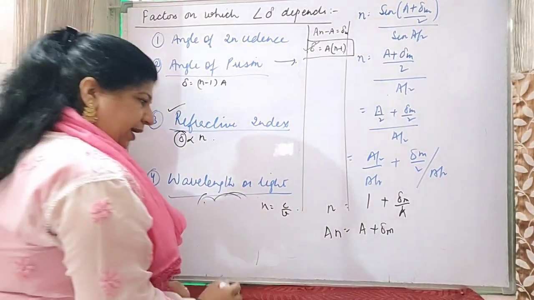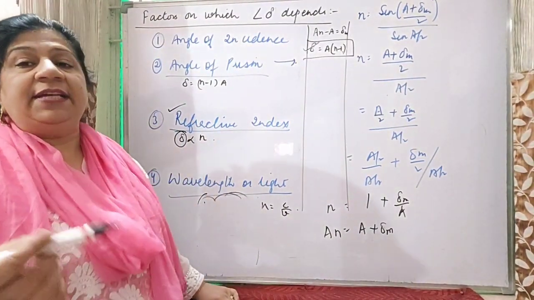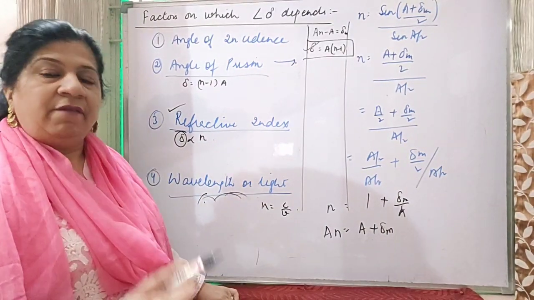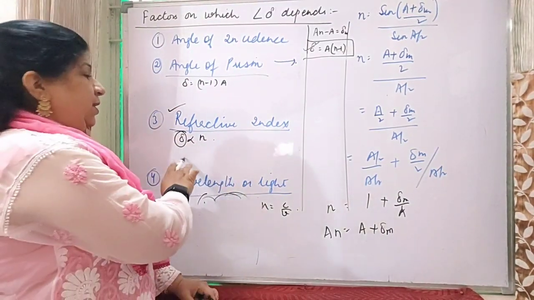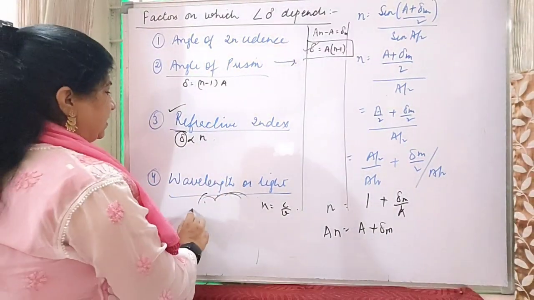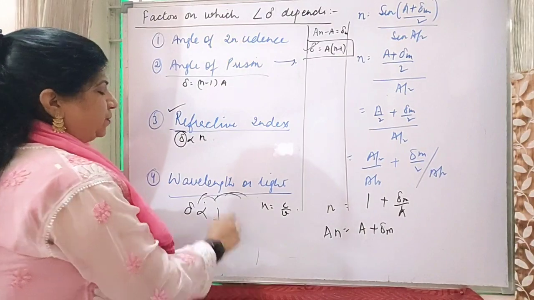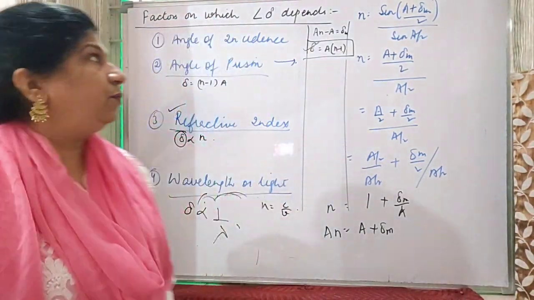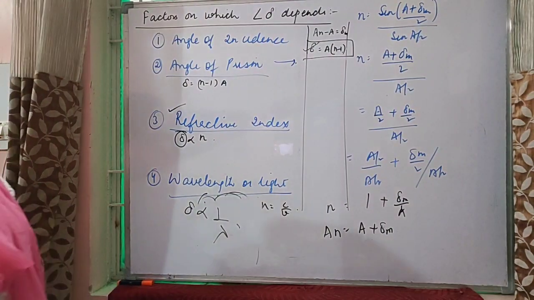In other words, if the wavelength is less, the refractive index is more. When the refractive index is more, the angle of deviation is more. So you can say that wavelength is inversely proportional to the angle of deviation here. So these are the factors on which the angle of deviation depends.